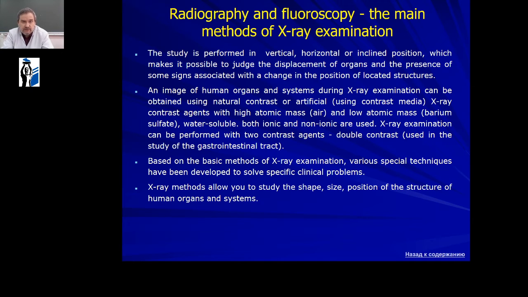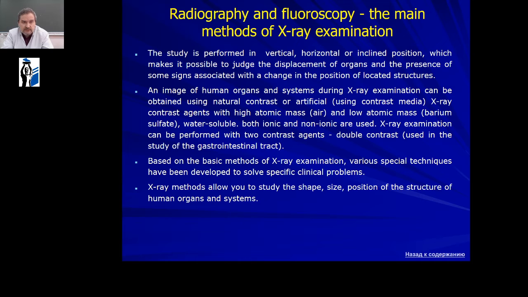An image of human organs and systems during X-ray examination can be obtained using natural contrast or artificial contrast using contrast media.